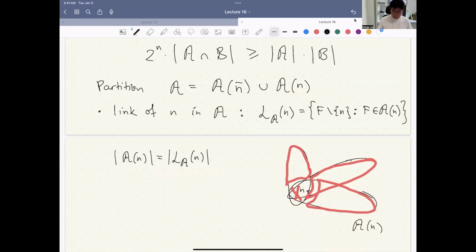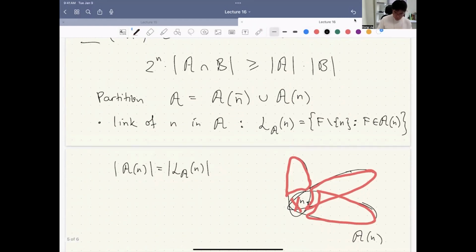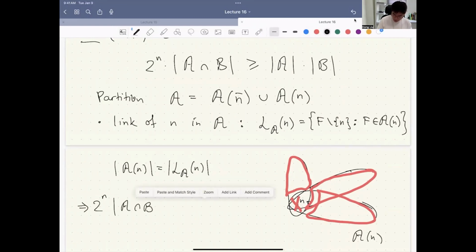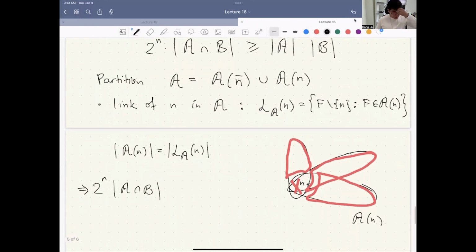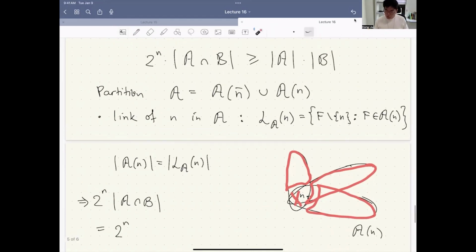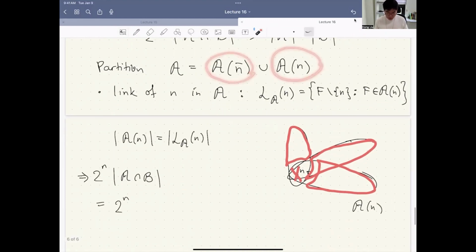So we have, let's write down the left-hand side of this inequality, 2 to the n times the size of A intersect B. We're going to do the same partition for B, those not containing n and those containing n. The elements that appear in both A and B either both contain n, which gives the intersection of A_n and B_n, or both don't, which gives the intersection of A_n bar and B_n bar.